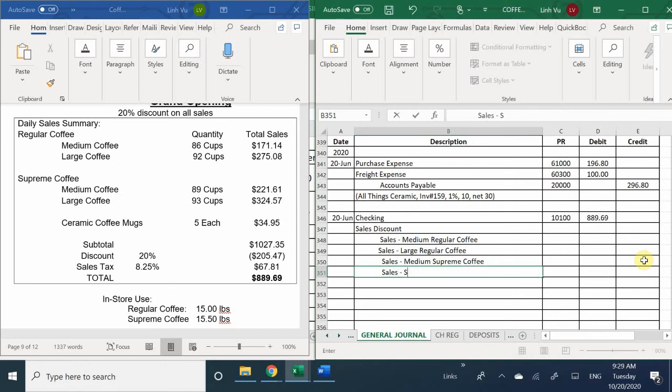Supreme, supreme large coffee. Okay, as well as sales ceramic coffee mugs. Let's see what else. Oh yeah, sales tax payable.